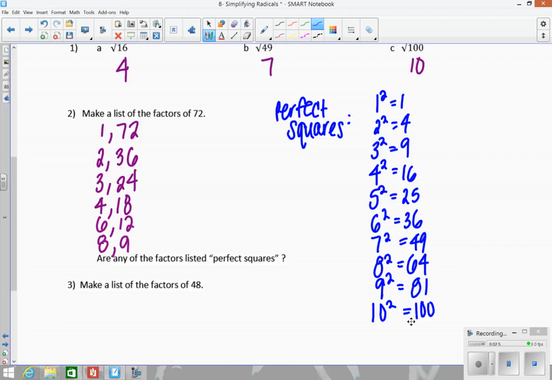You can keep going with this, but these are probably your most commonly used perfect squares. The perfect squares are the results from the number being squared, so the numbers over here on the right side are all the perfect squares.